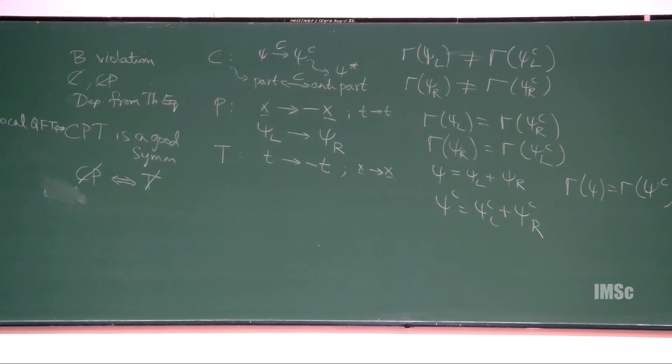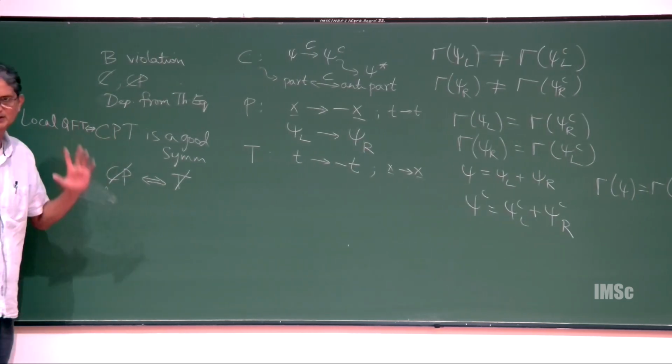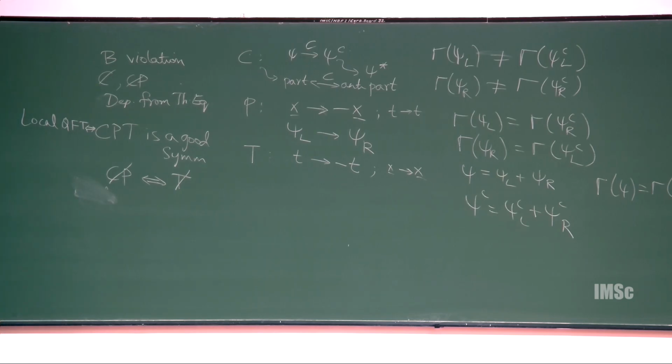And as you say, T violation is implied by assuming CPT invariance, because the forward reaction and the backward reaction should not be the same, right? But there are implications to T invariance there as well, what goes forward and what goes back and so on.